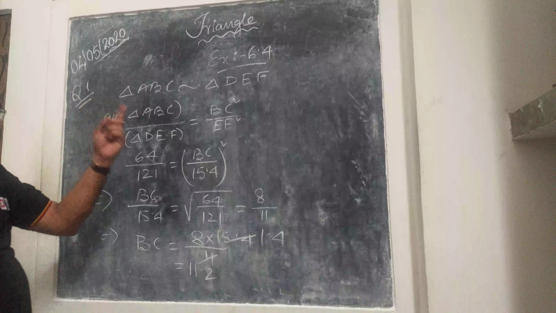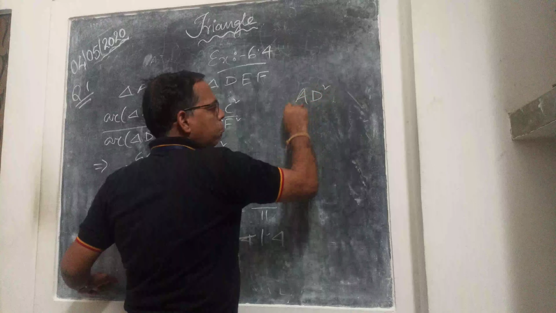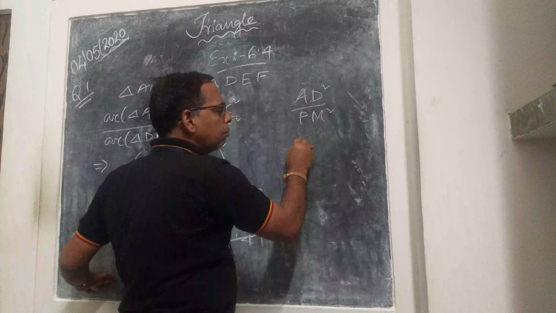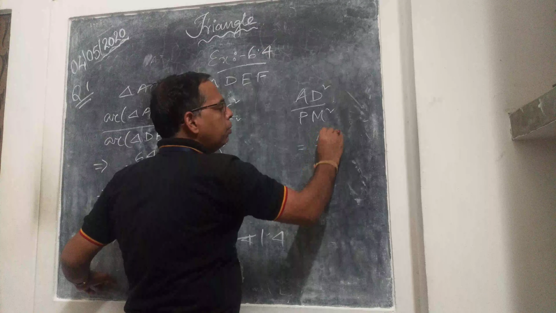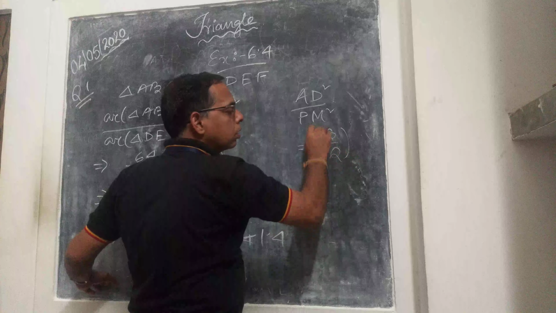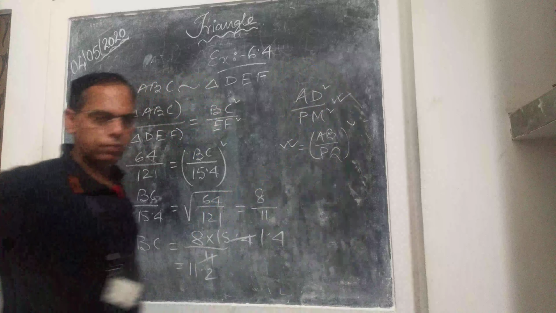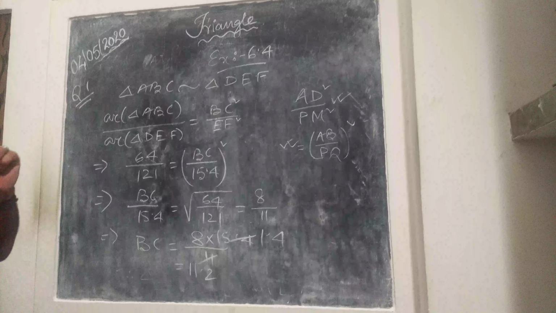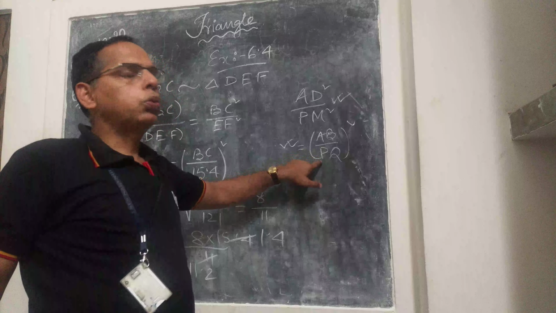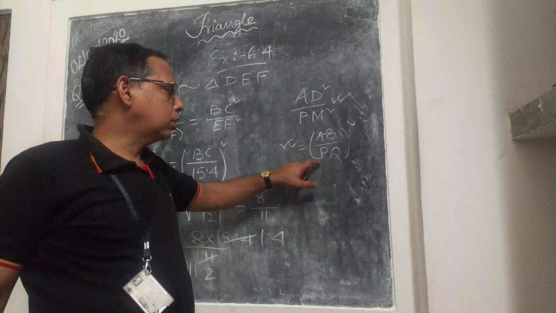I have done AD square by PM square, and that is nothing but AB square by PQ square. So you do this one by yourself.